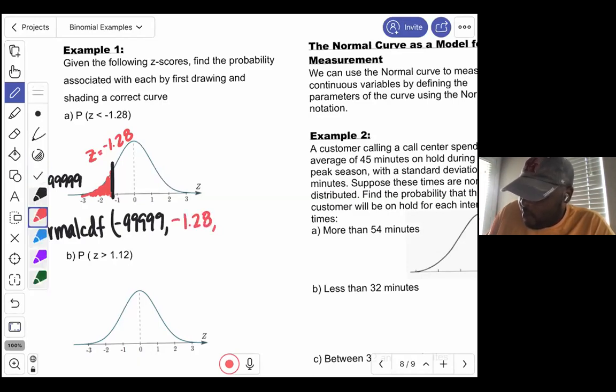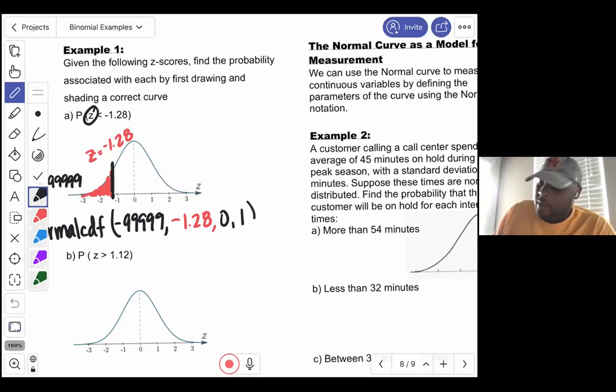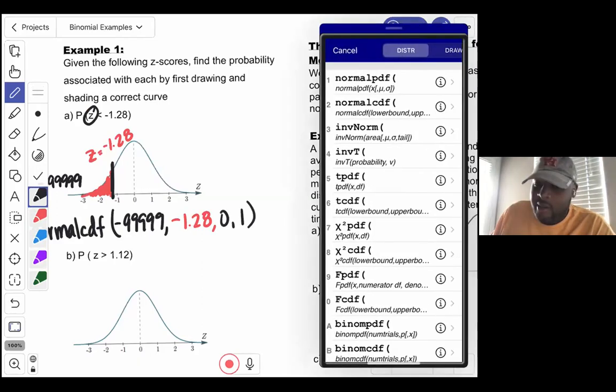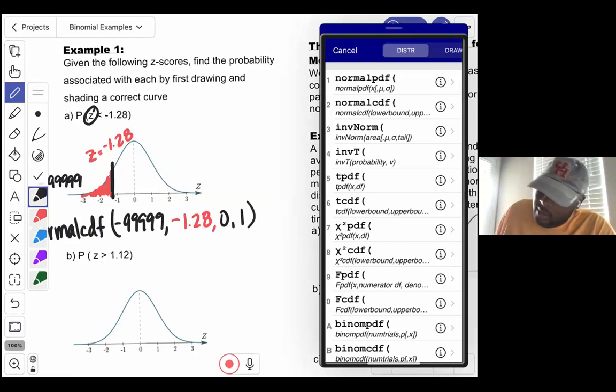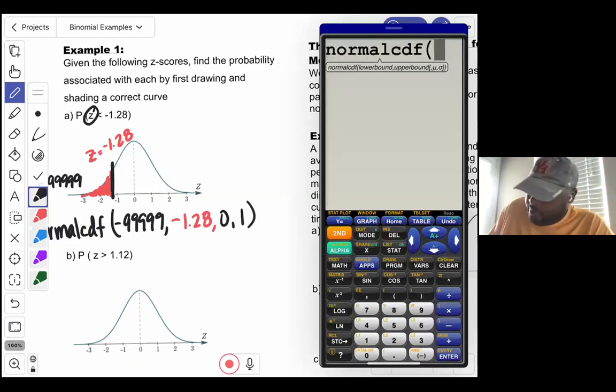And anytime you see the letter Z in statistics, the mean will always be 0 and the standard deviation is 1. So let's go to our calculator. Remember to get there: second, bars, normal CDF, -99999.